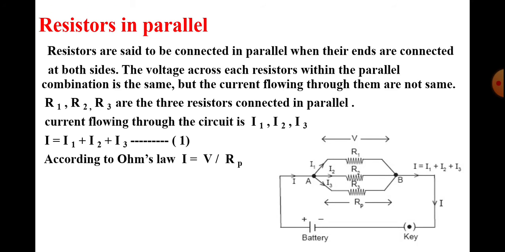R1, R2, R3 are the three resistors connected in parallel. Currents flowing through them are I1, I2, I3 respectively. Therefore, I is equal to I1 plus I2 plus I3, which is our equation number 1. According to Ohm's law, I is equal to V upon Rp, Rp being the resistors in parallel.